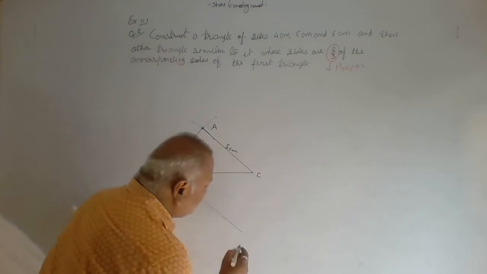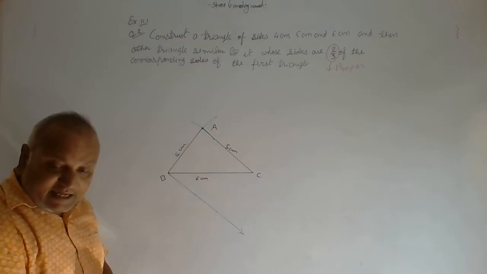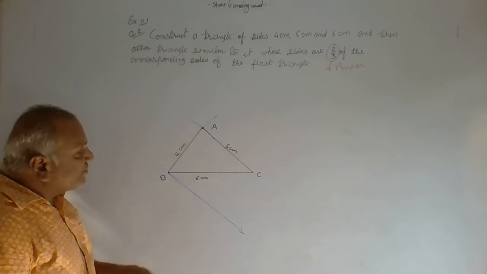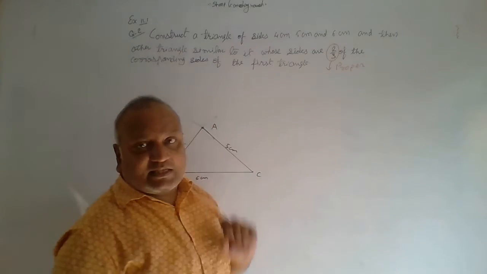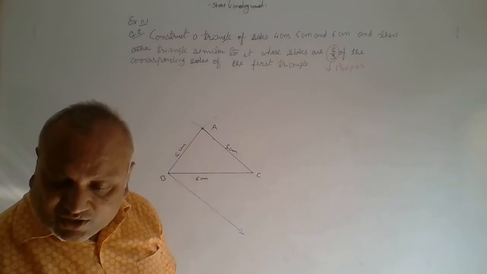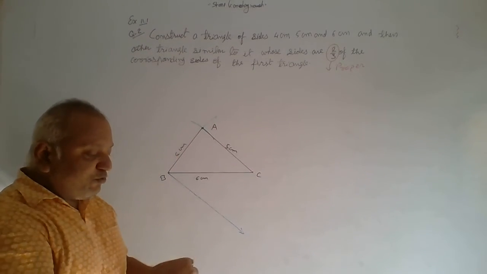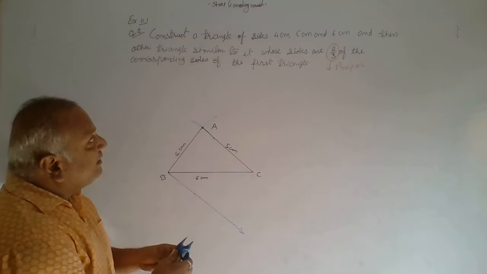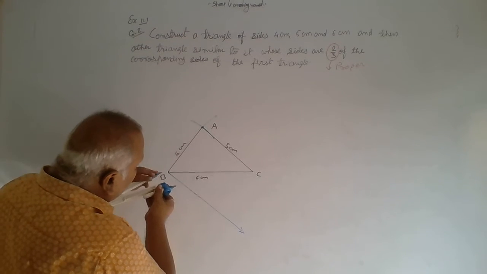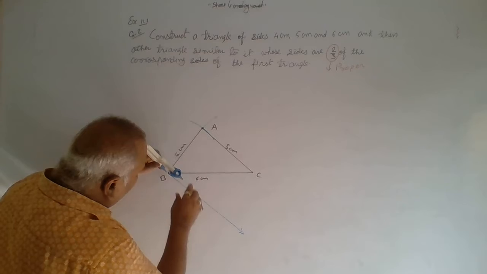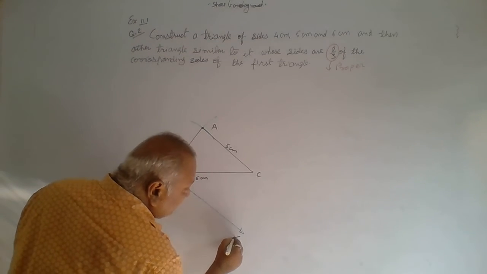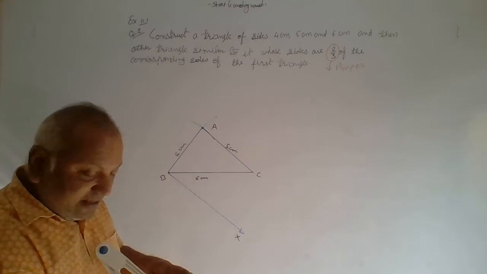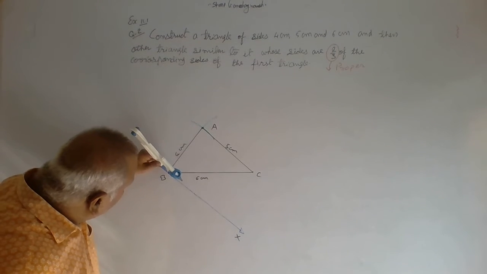Now we have to make 3 equal parts like in the first construction. How many parts? 3 equal parts. So I will make 3 equal parts of ray BX.